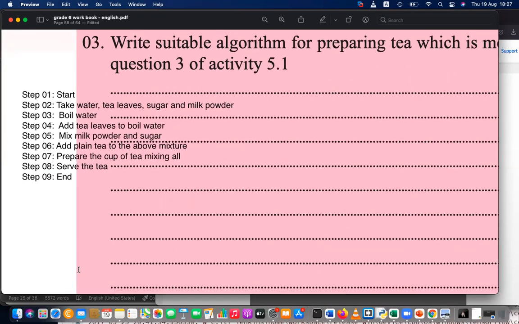So this is how you prepare the tea. How many of you have prepared tea at home? Anyone?